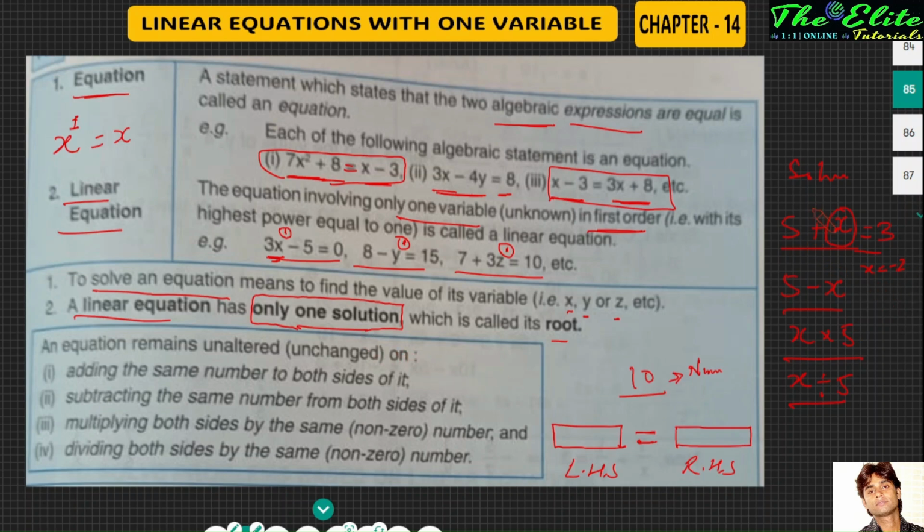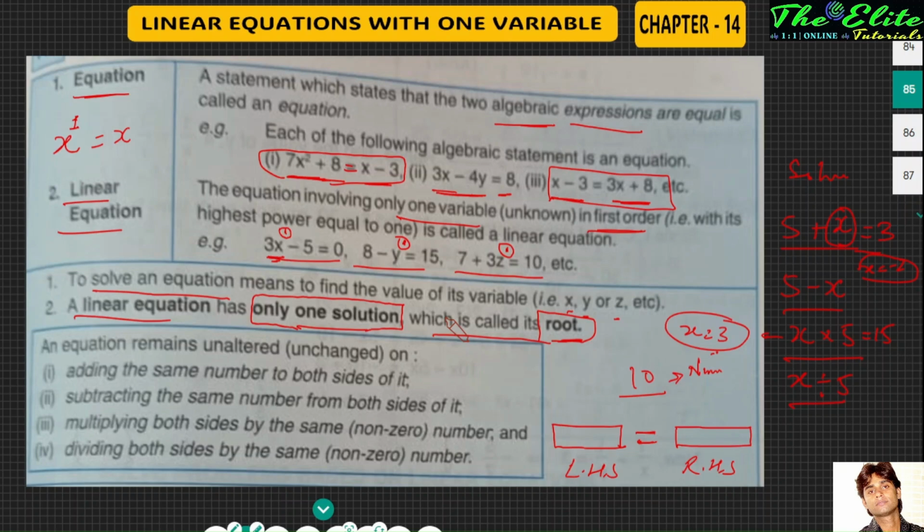For example, here the value of x is -2, which is only 1, isn't it? Suppose x times 5 is 15. What will be the value of x? It will be 3. Only one value we can get. This value is also known as the root. So this was a synopsis of this chapter.